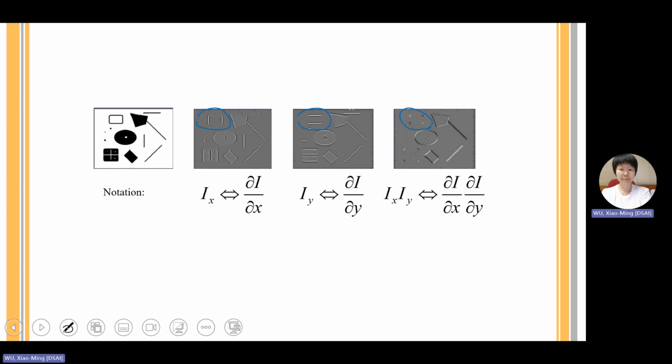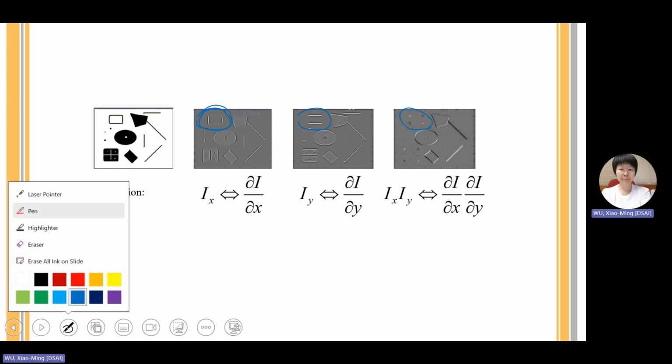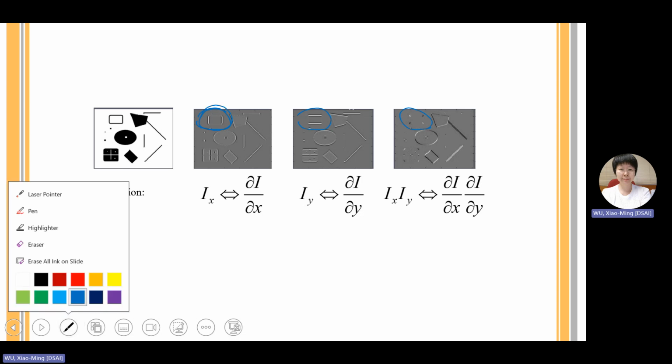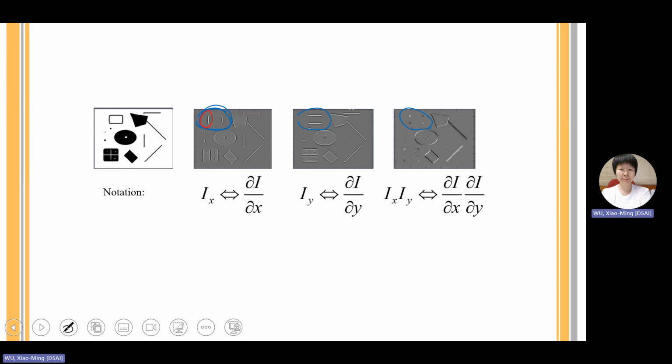Here you have non-zero Ix for the two columns, and you have non-zero Iy for the two rows. But their multiplication just gives you nothing.